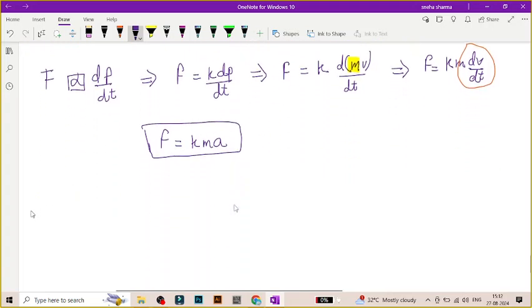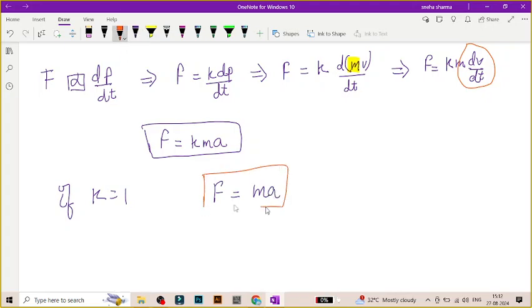Further we assume k is equal to 1, so F is equal to m a. This is the relation. The second law depicts the relation between the external force and the momentum, which is F directly proportional to the change in momentum per unit time, through which we derive a formula for the external force.